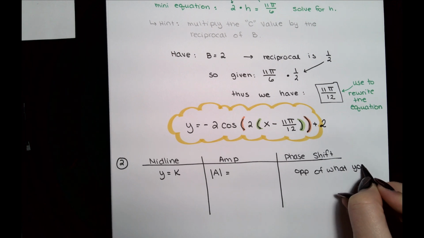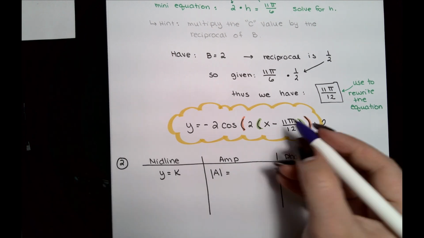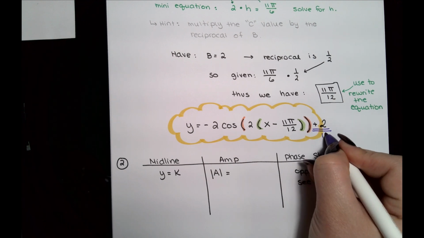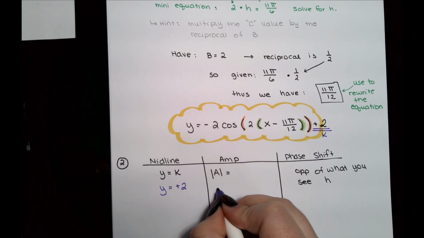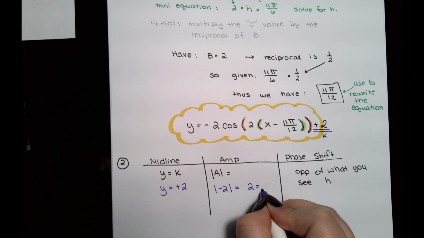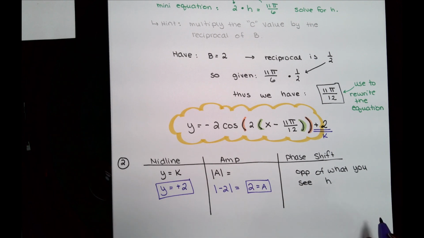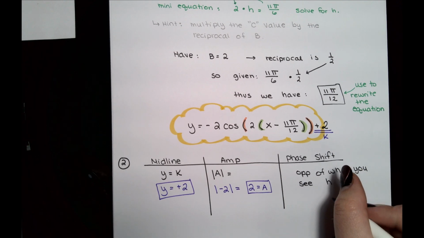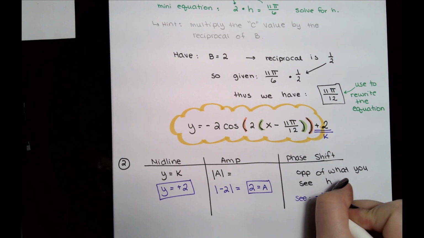So we're taking your k value, so our midline is at +2. Amplitude is the absolute value of -2, so 2 is your A value. And your phase shift, opposite of what you see H, you see a -11 pi 12ths.